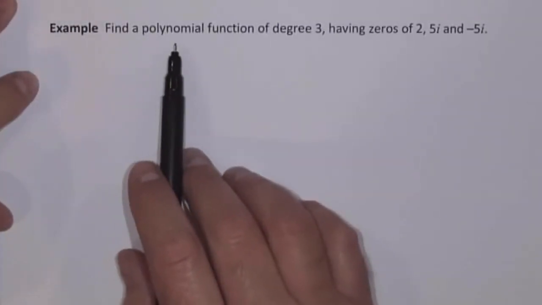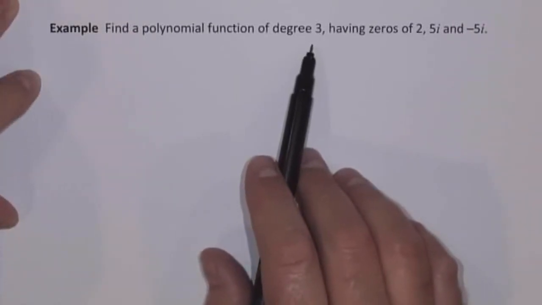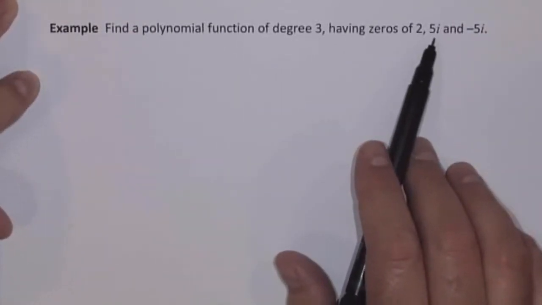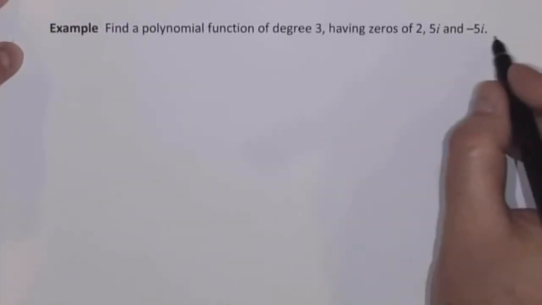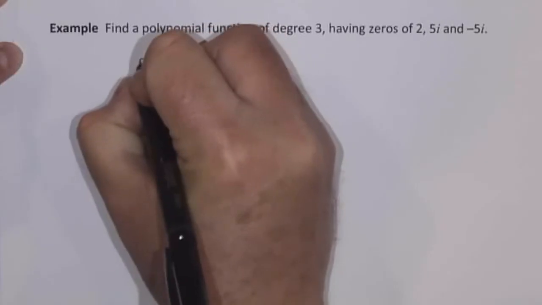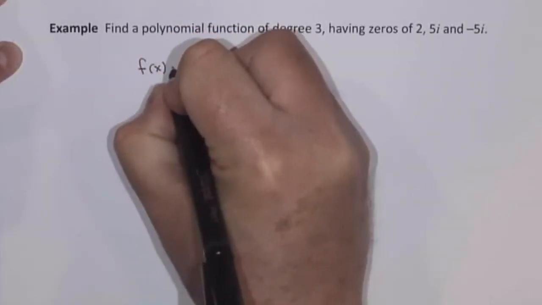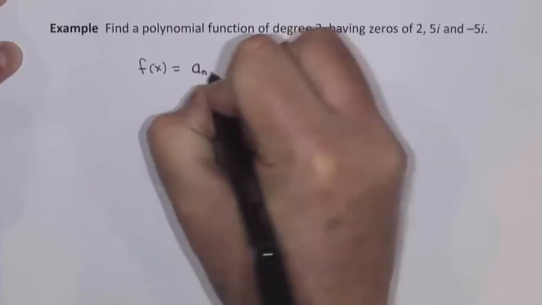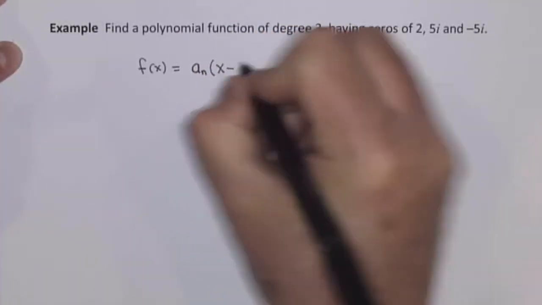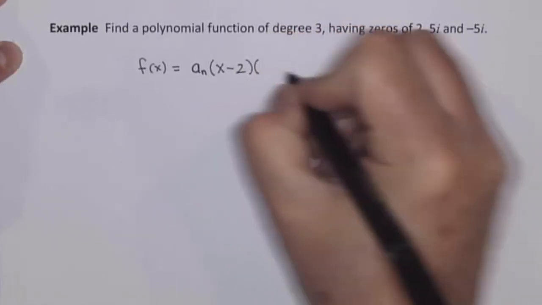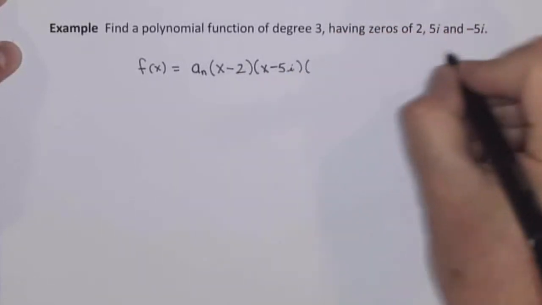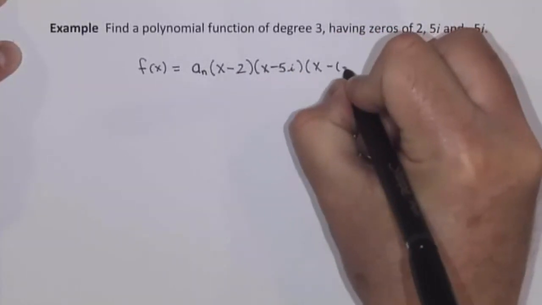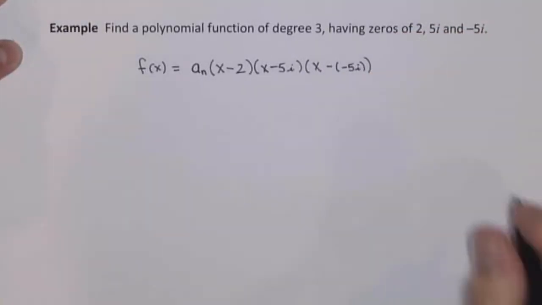So in this example, we want to find a polynomial function of degree 3 that has the zeros 2, 5i, and negative 5i. So based on what we've just learned, since these are our 3 zeros and it's degree 3, then our polynomial function is going to be some constant, which we'll call a sub n, times x minus the first zero, 2, times x minus the second zero, 5i, times x minus the third zero, which is negative 5i.